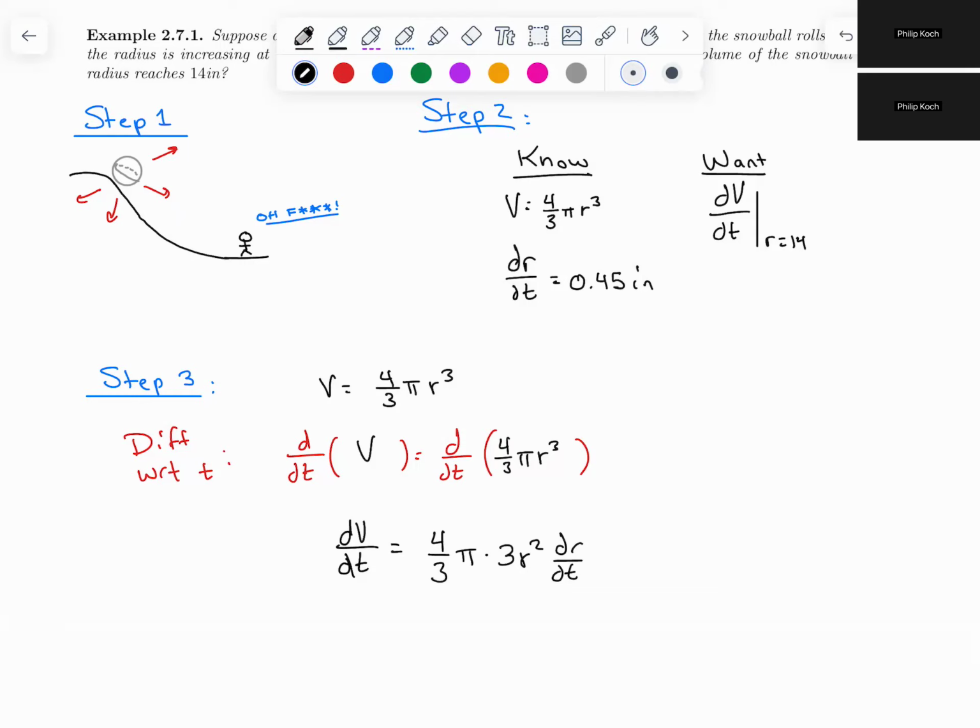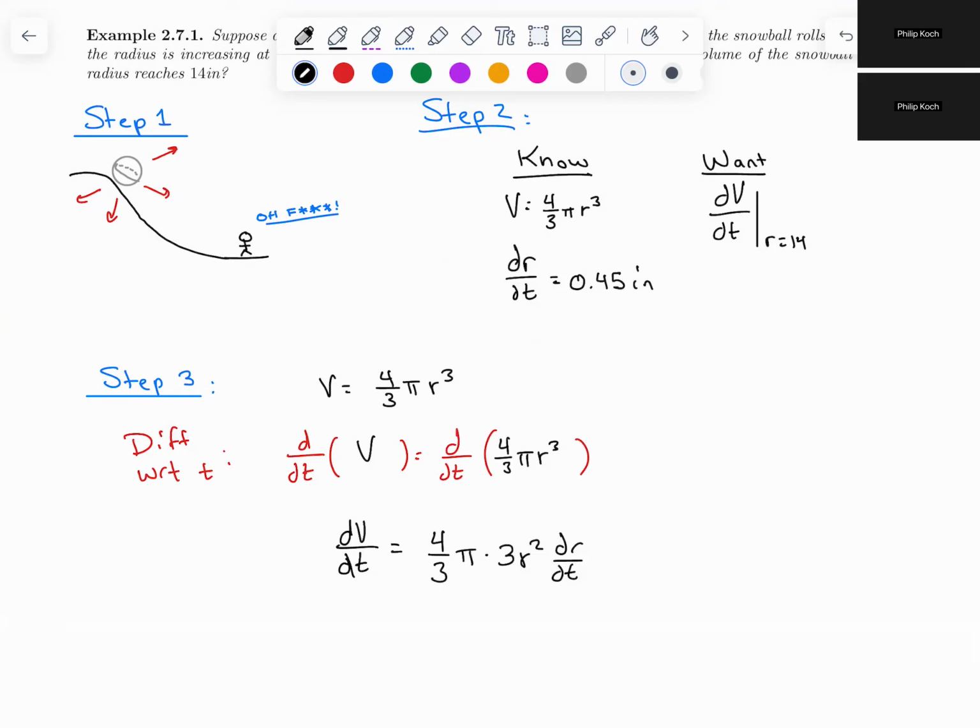But if you don't, try and figure out why it would be 3r squared dr/dt. That's right, because that's just the power rule. But is the 4/3 pi a constant? Yes, so the 4/3 pi is just a constant that can be ignored.